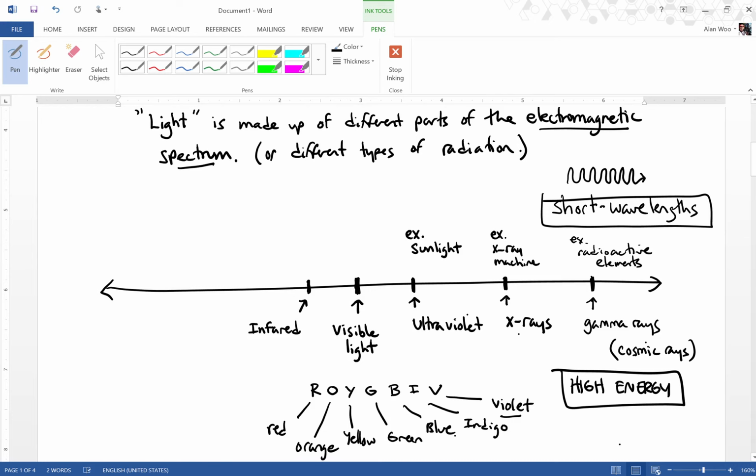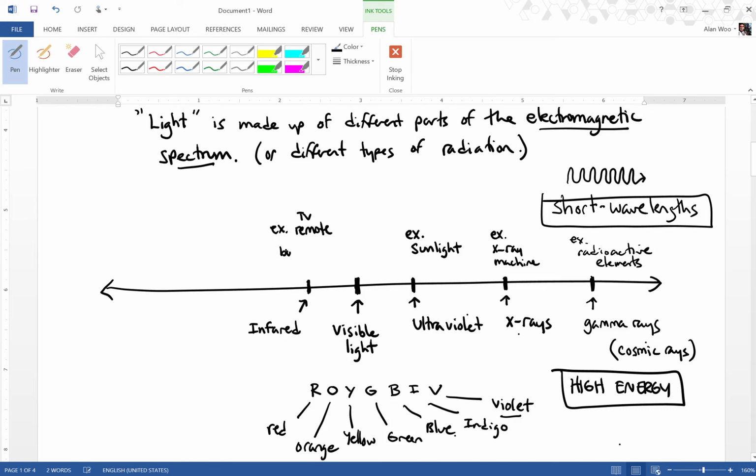Infrared light you cannot see. There are some animals that can see infrared, as well as some animals that can probably see ultraviolet. Okay, but humans cannot see infrared. Infrared things come from things like remote controls. Okay, so let's say a TV remote, they use infrared.